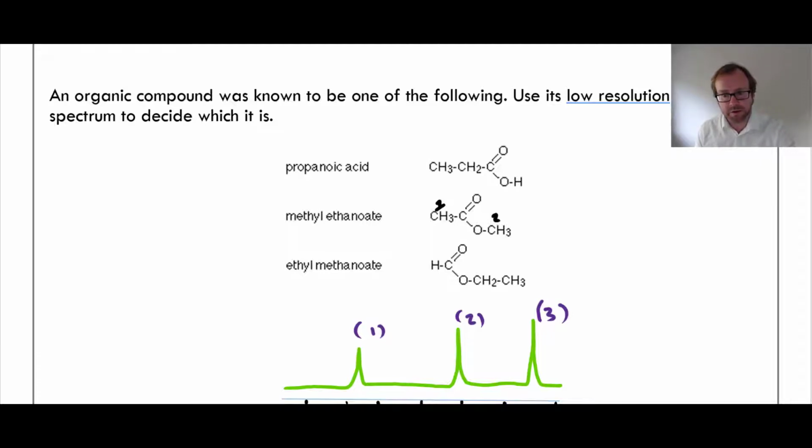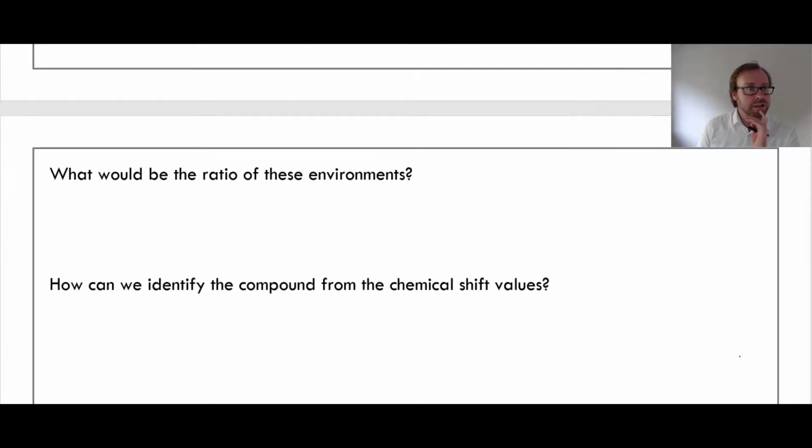So 1, 2. Therefore, it would only show 2 peaks. The other 2 would have 3 different: 1, 2, 3, and 1, 2, 3. So I still don't know whether it's propanoic acid or ethyl methanoate. We can do this one together, I think.